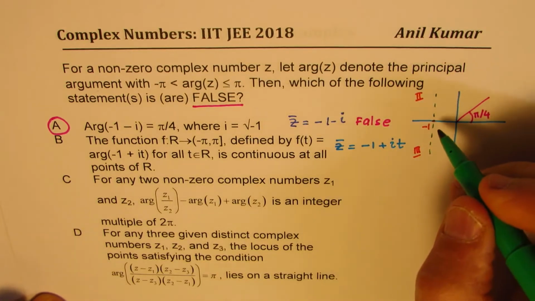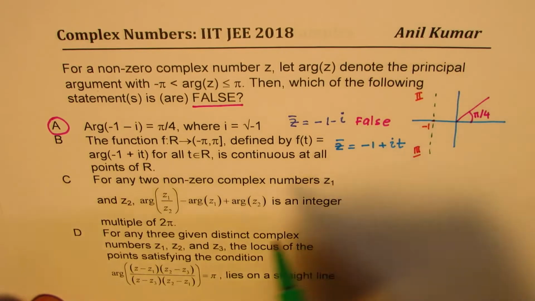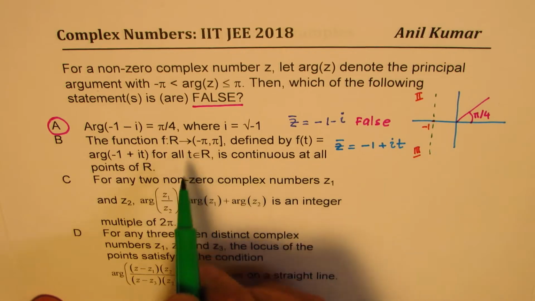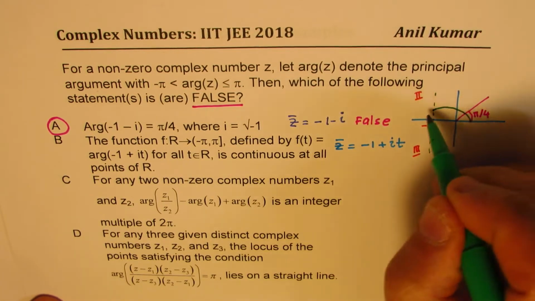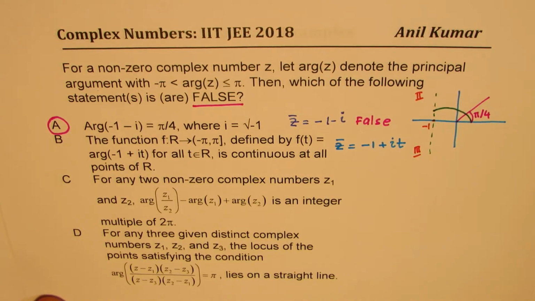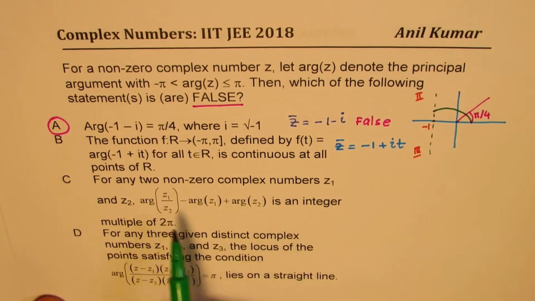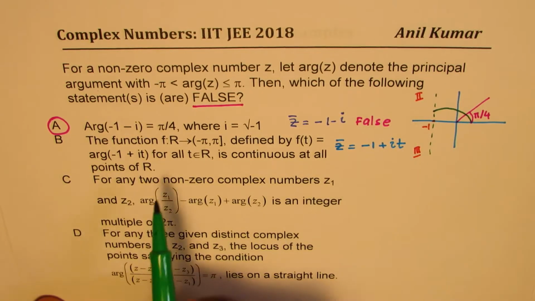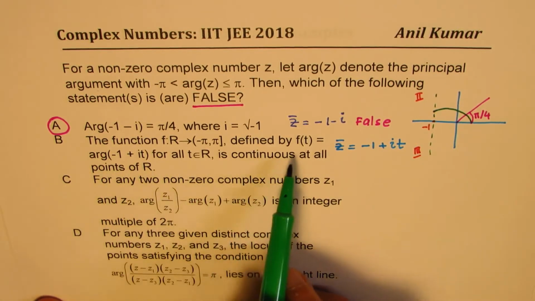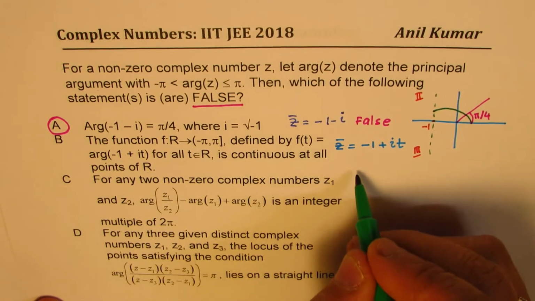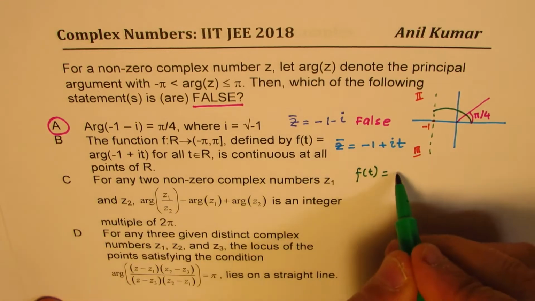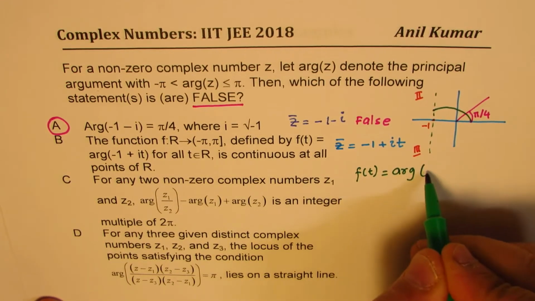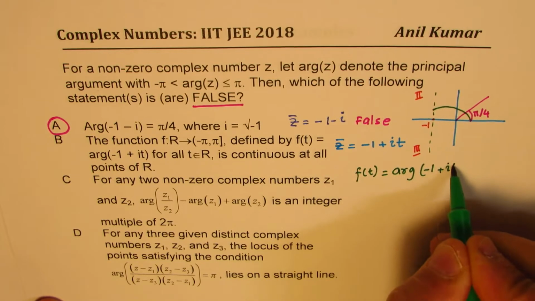Now in one half of this, the vector is going to be continuous. So what is going to be the argument in this particular half? Let's write down: f of t is equal to argument of minus 1 plus it.